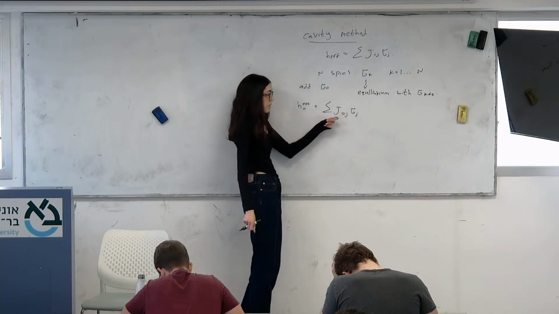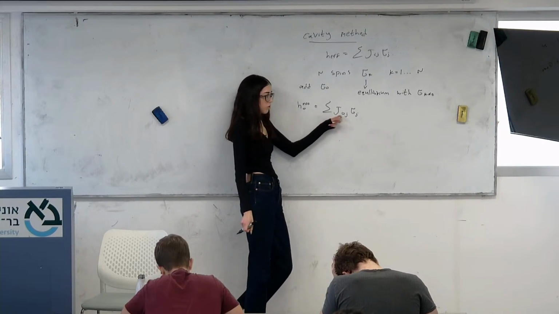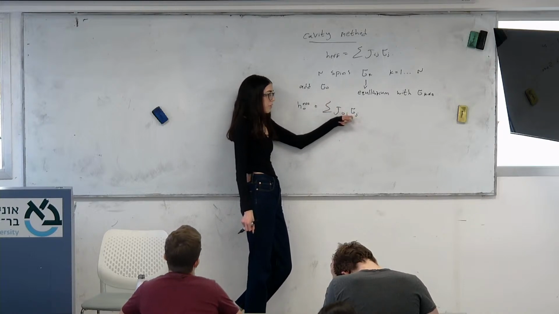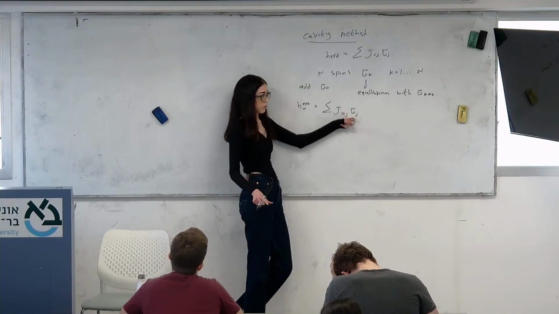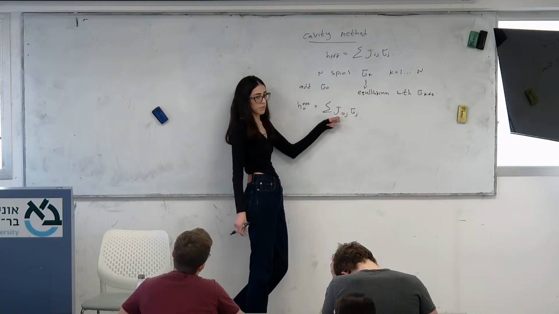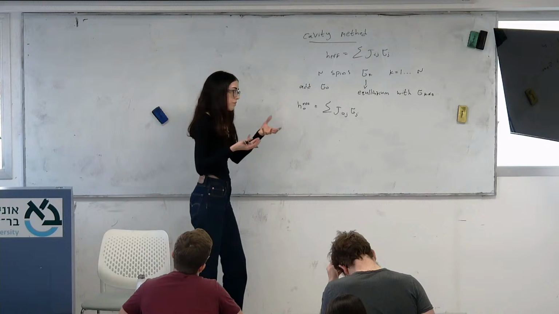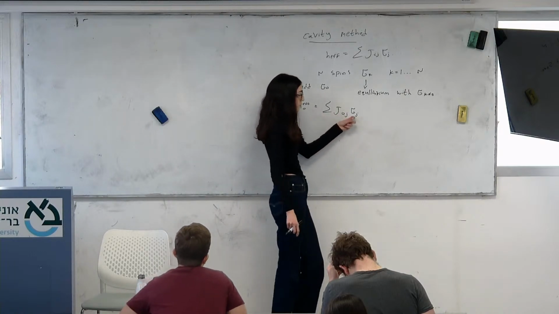So we now add those couplings to the system, but the different spins in the system are already in equilibrium, which means they're not correlated to the new spin that we added. It's a bit weird, but yeah.